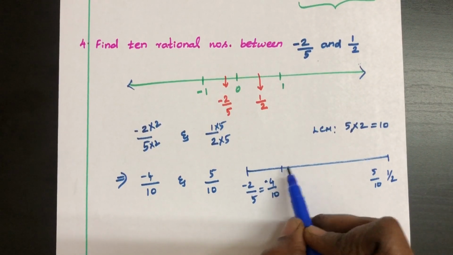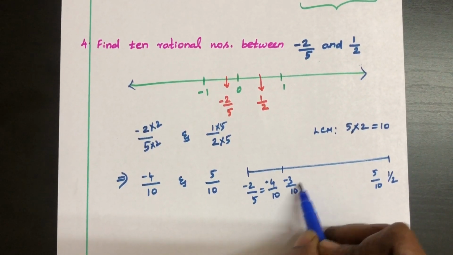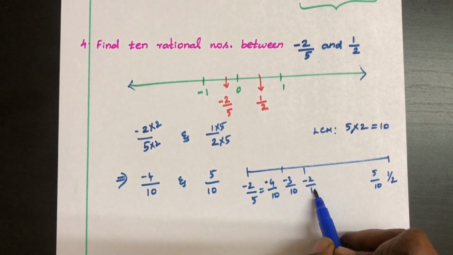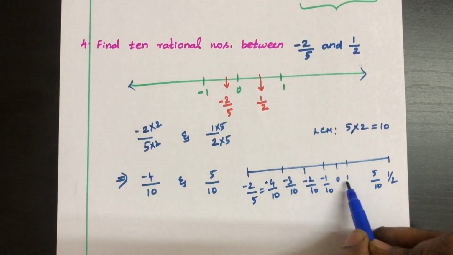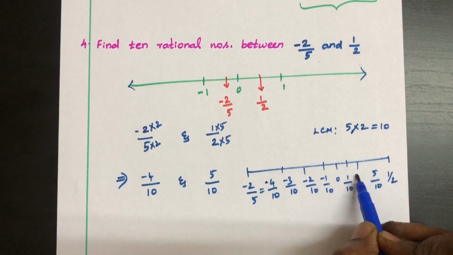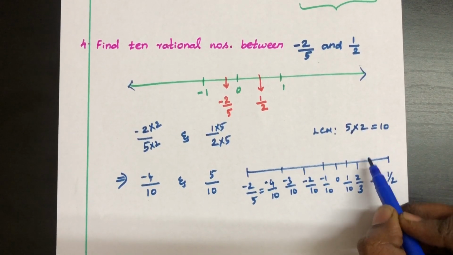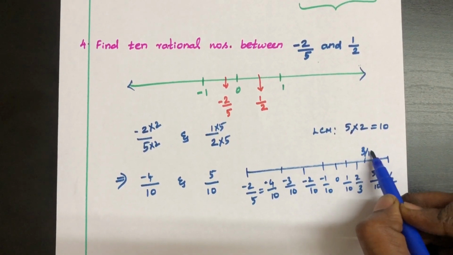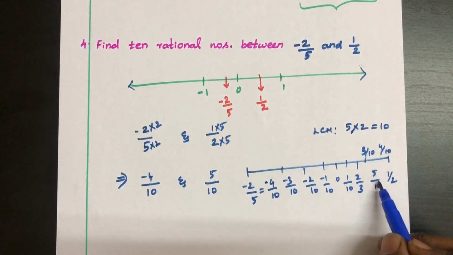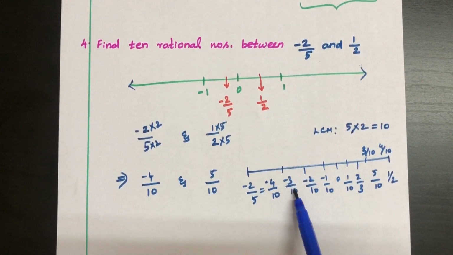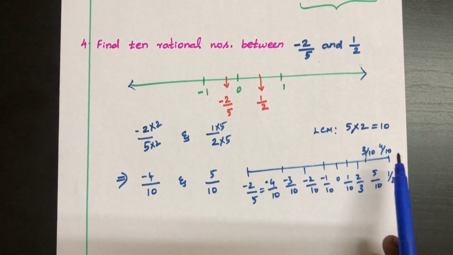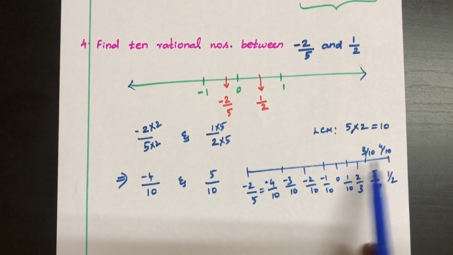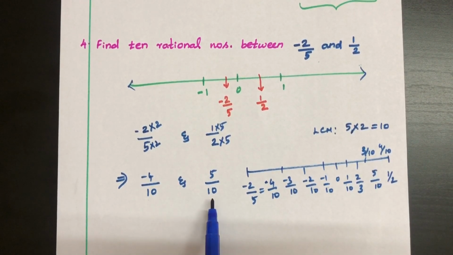So what will come? Minus 3 by 10, minus 2 by 10, minus 1 by 10, 0, 1 by 10, 2 by 10, 3 by 10, 4 by 10 and 5 by 10. See, count here: 1, 2, 3, 4, 5, 6, 7, 8. Only 8 rational numbers we can find if we make the denominator 10.